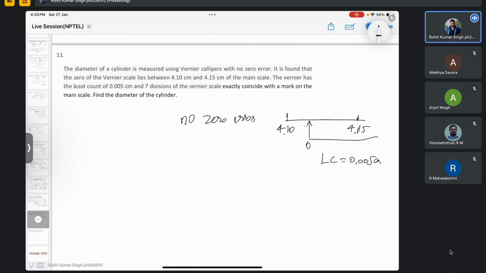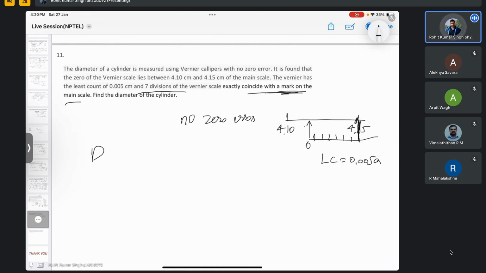Okay, and it says that the seven divisions on the vernier scale exactly coincide with a mark on the main scale, but which mark it doesn't say. It just says that seven divisions on the vernier scale, 1 2 3 4 5 6 7, coincide with some point on the main scale. Okay, and then you have to find the diameter of the cylinder.